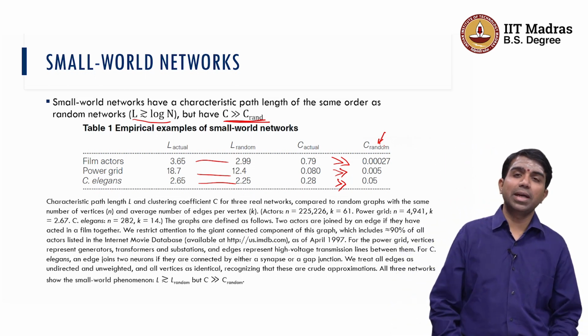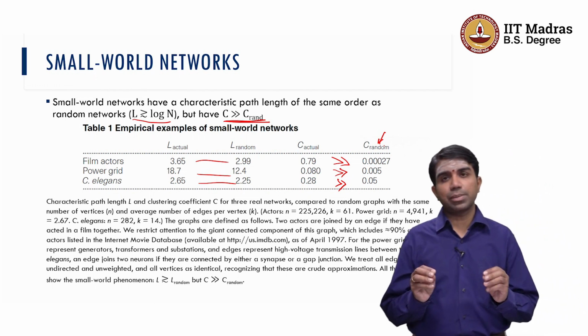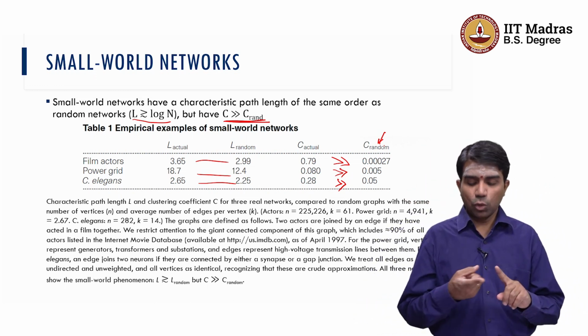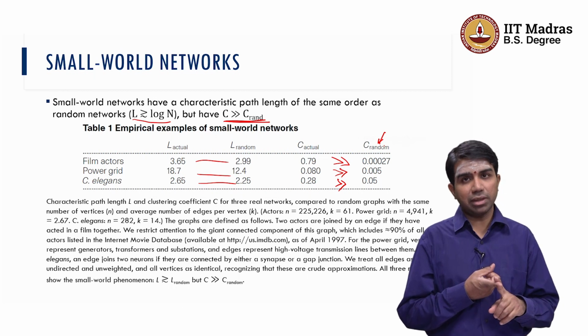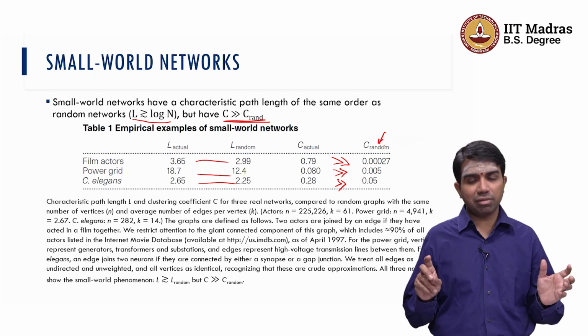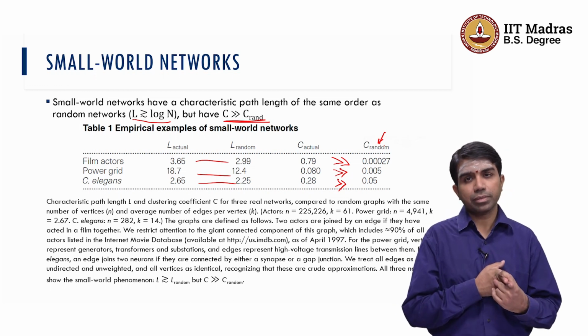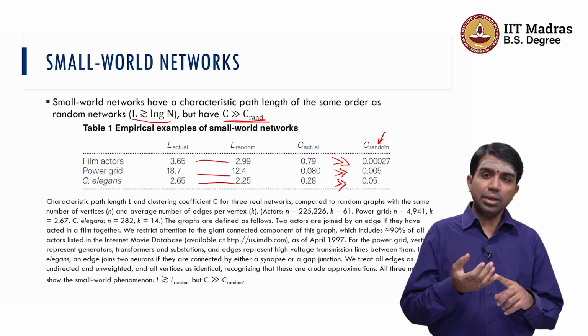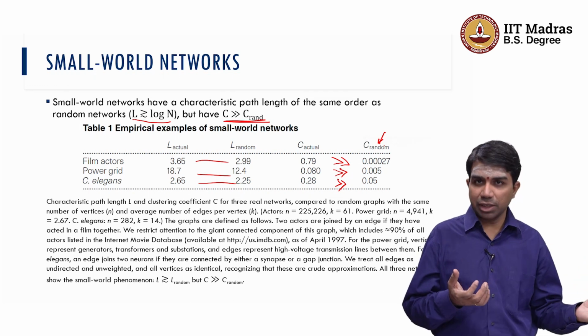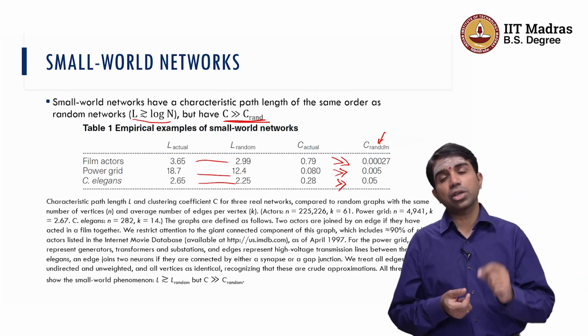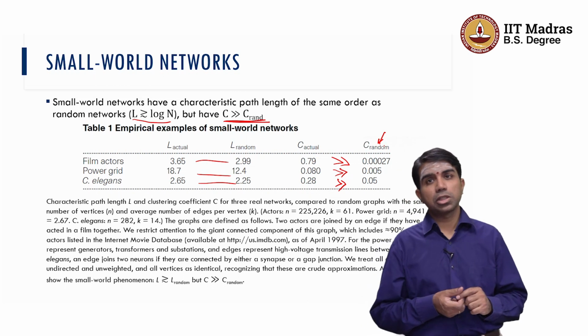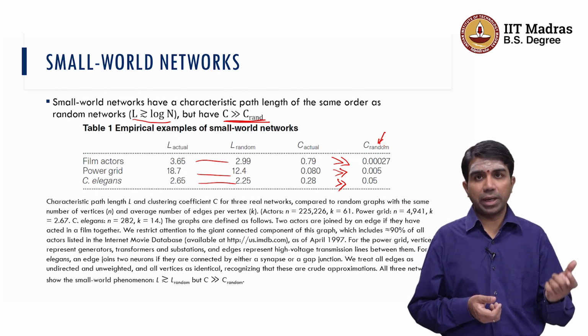So, what is small world behavior again? Small world essentially tries to capture two different behaviors. One is a low characteristic path length, comparable to random networks, and the second is high clustering. We started off with random networks where only one feature of real world networks was being captured, which was low path lengths.